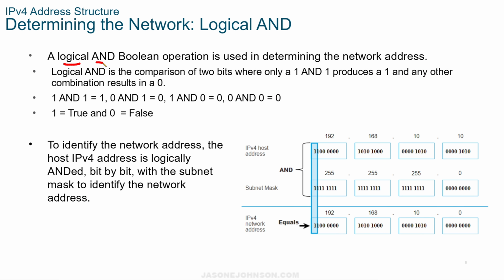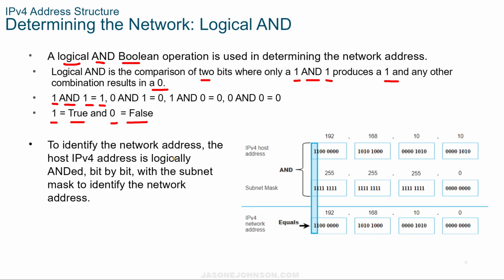A logical AND Boolean operation is used to determine the network address. Logical AND is the comparison of two bits where only 1 and 1 produces a 1, and any other combination results in a 0. So 1 and 1 equals 1, 0 and 1 equals 0, 1 and 0 equals 0, and 0 and 0 equals 0. So 1 equals true and 0 equals false.